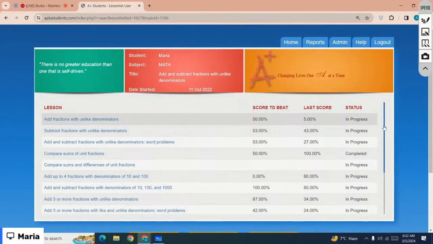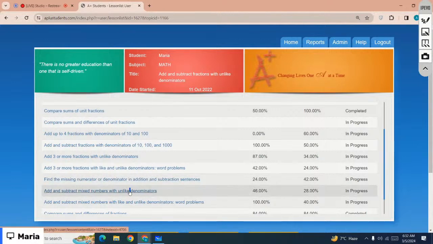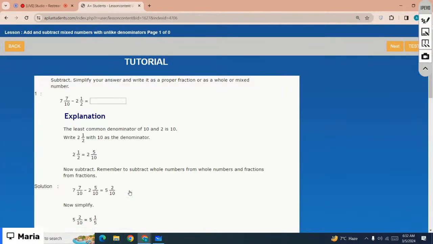The next lesson is add and subtract mixed numbers with unlike denominators. Okay, let's just start with the test questions.